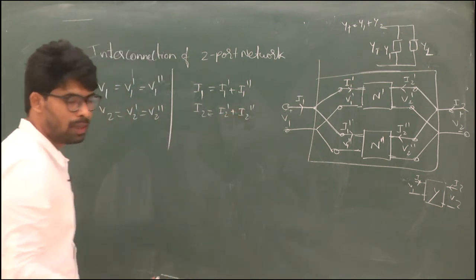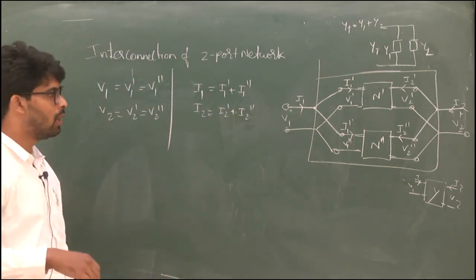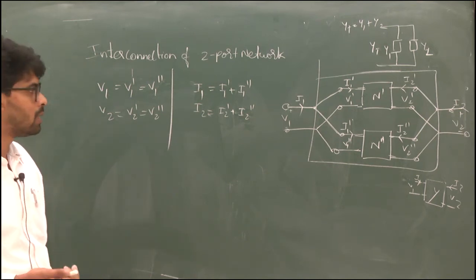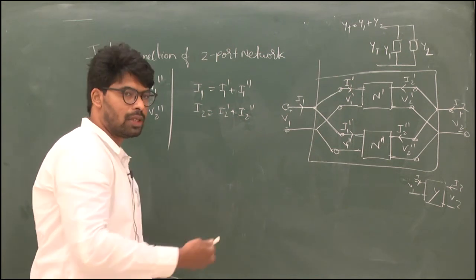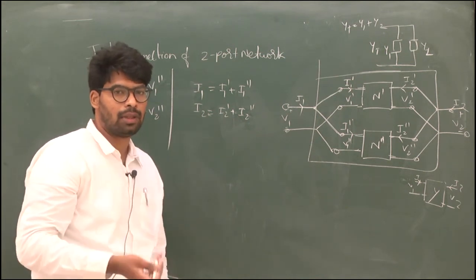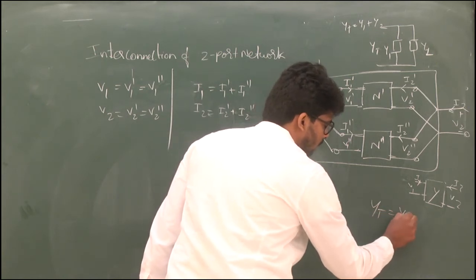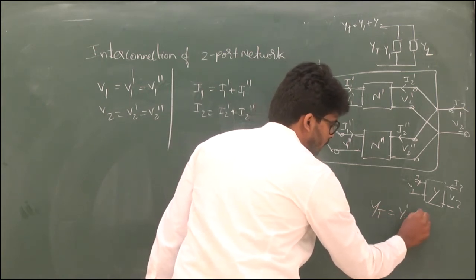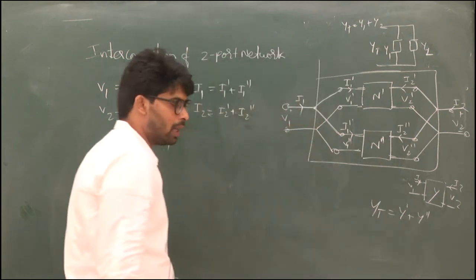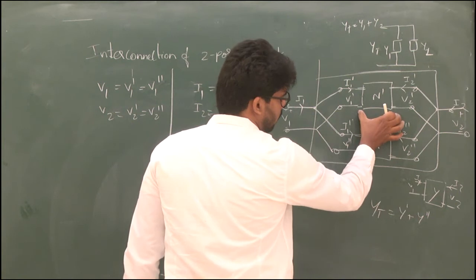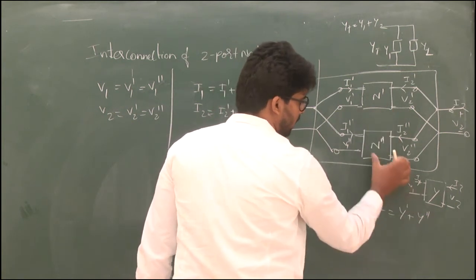Simply, in a similar fashion to what you did in series, the admittance parameters or short circuit parameters of two networks connected in parallel, we add them. The overall parameters will be Y dash plus Y double dash, the admittance matrix of the first network and the admittance matrix of the second network.